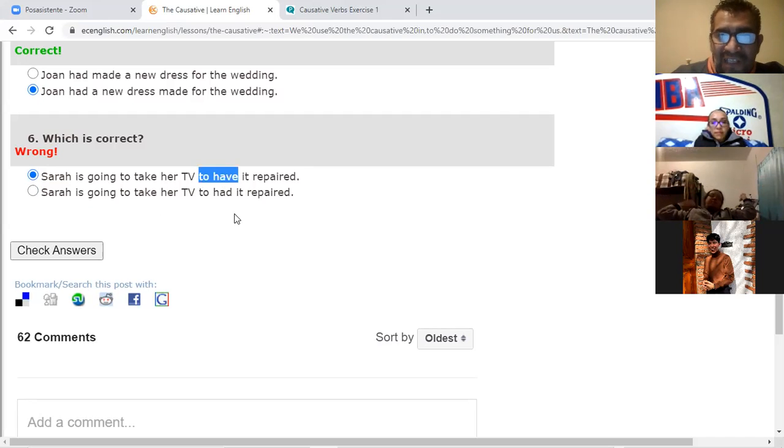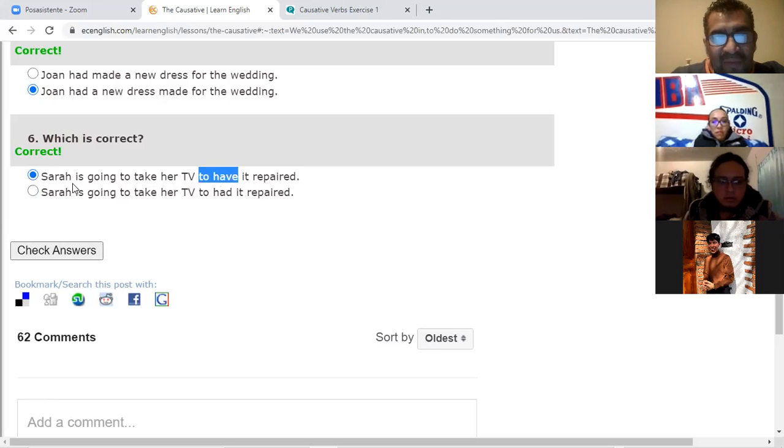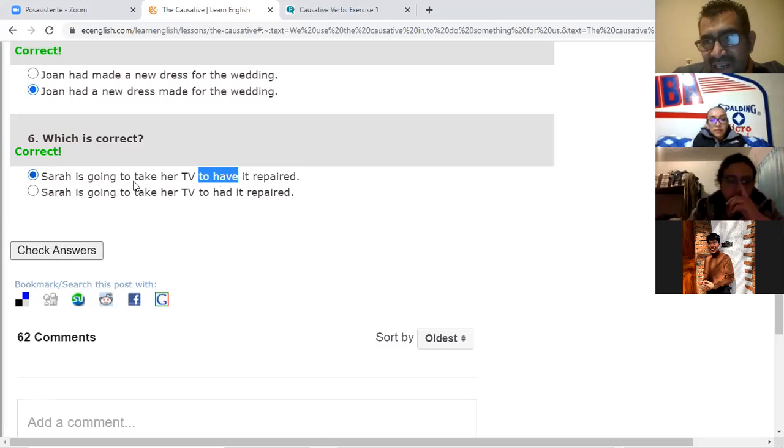Entonces, esto es infinitivo. Esto se los acabo de marcar aquí. Cuando va el to, ¿no? Exactamente. Cuando ya tienen una oración, por ejemplo, Sarah is going to take, aquí no puede ser infinitivo porque el going to es la expresión.